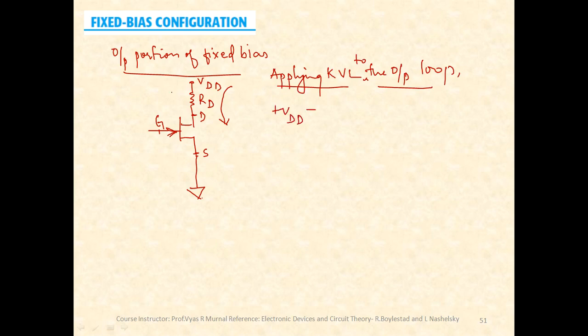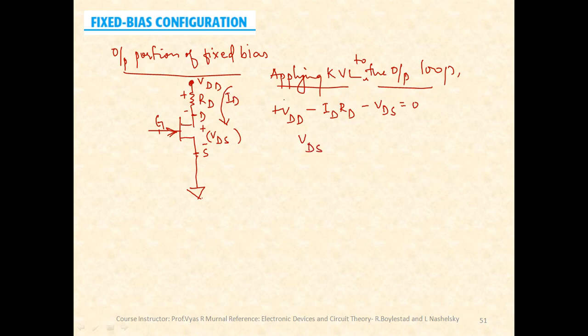It is plus VDD minus ID into RD minus VDS, where VDS is the voltage between the drain and the source terminals. ID is the current which is flowing from the drain to the source. So VDD minus ID into RD minus VDS will be equal to 0.